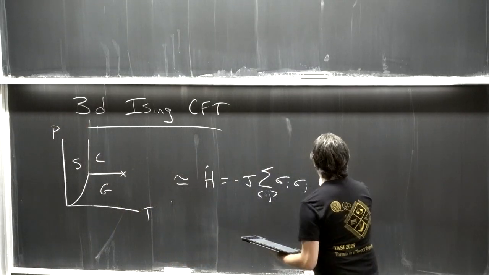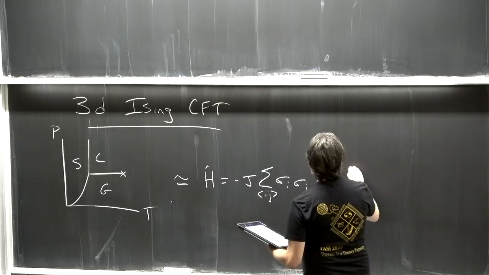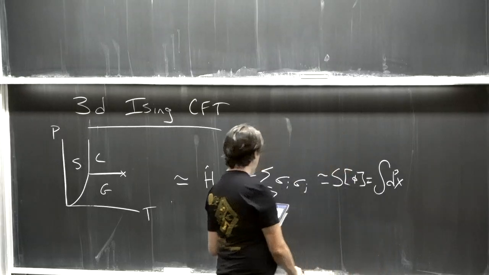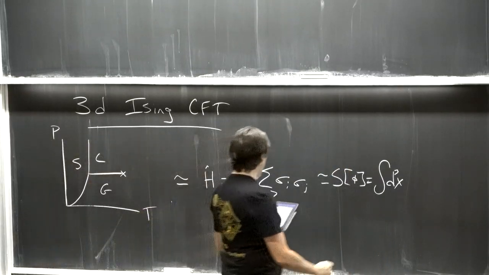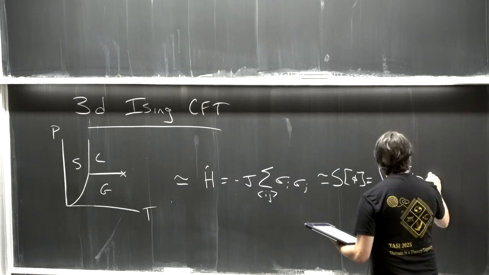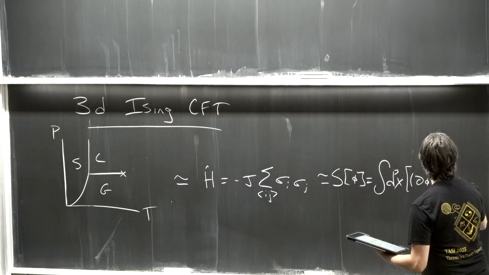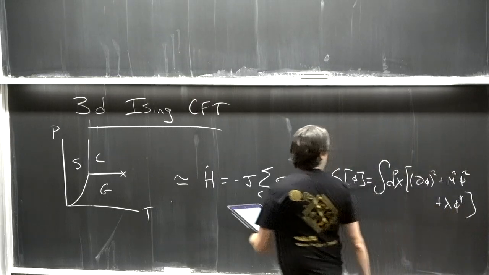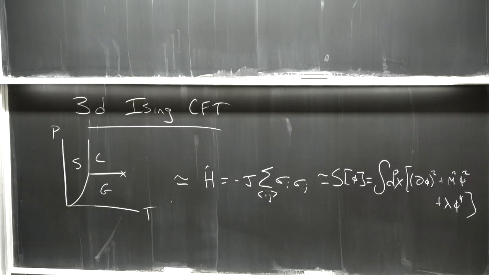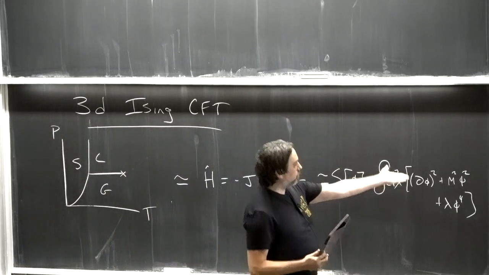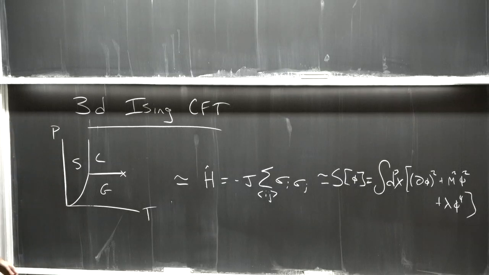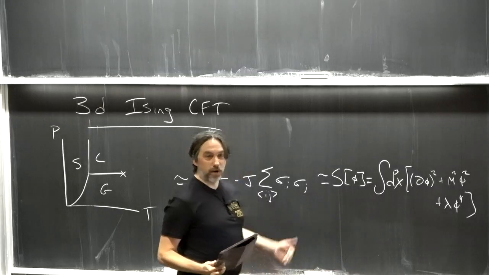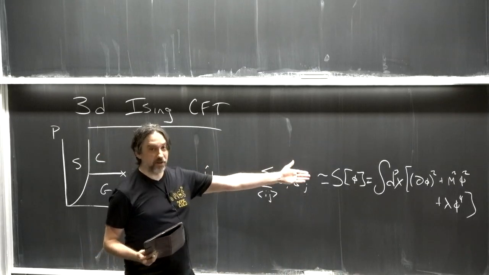And then finally, there's a field theory way to describe it, which is the theory of a single interacting scalar field in 3 dimensions, which, in general, you might imagine has a kinetic term, a mass term, quartic interaction, and so on. This theory can be tuned. You tune basically the ratio of m squared over lambda so that the fluctuations are massless at the quantum level. And it also has a critical point described by the 3D Ising CFT.